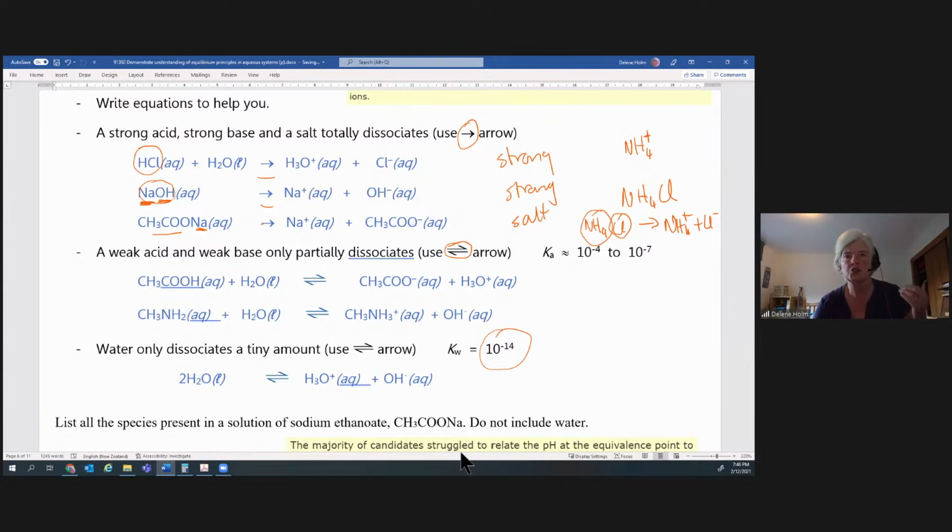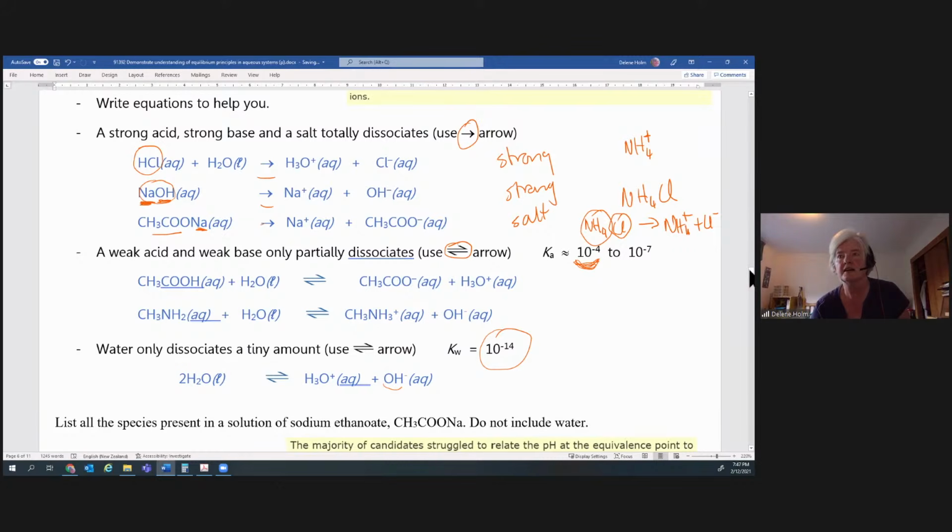So when you're doing your explanation, you should refer to the Ka given. Like you can see, there is not very much dissociation at all, but a lot more dissociation, say, of this weak acid, because this is around 10 to the minus 5 for this one. There'll be a lot more dissociation of ethanoic acid than for water, because water is only 10 to the minus 14, so there's much less. And therefore, there will be a lot less OH minus, for example.